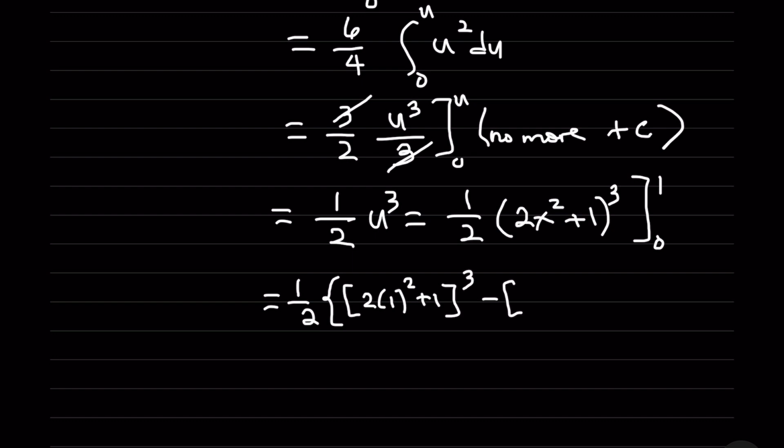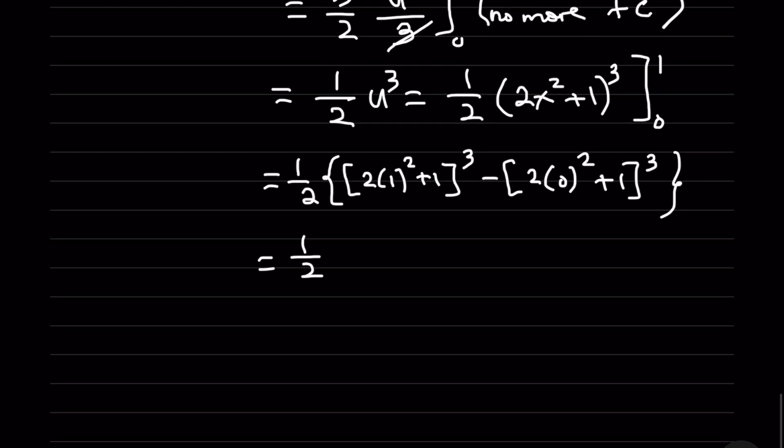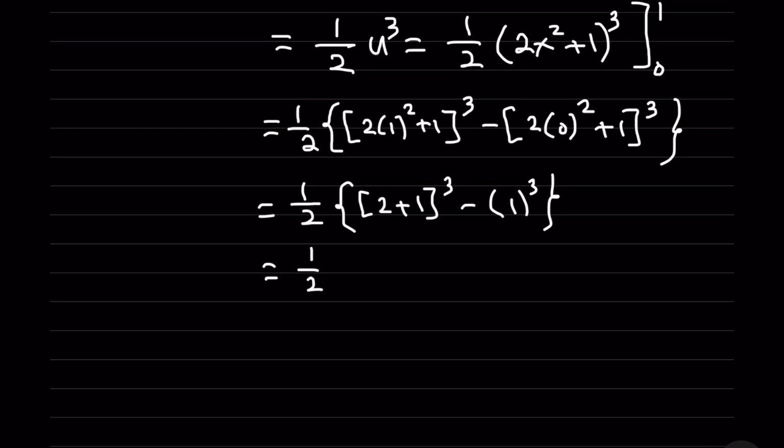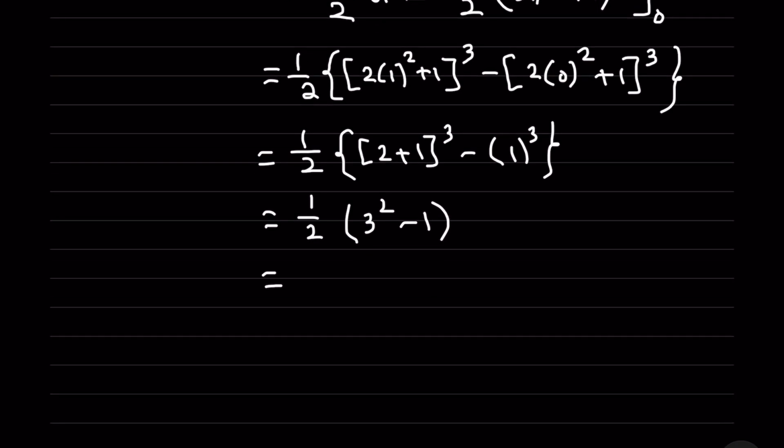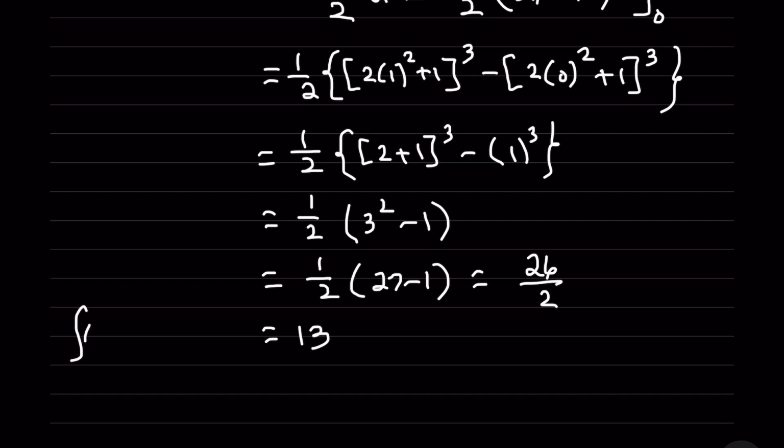We substitute the value of the upper limit, which is 1, minus the value of the lower limit, which is 0. So we have 1/2 times (2 plus 1) raised to the third power minus 1 raised to the third power. So we have 1/2 times 27 minus 1, or 26 over 2. That's the answer. So the final answer is 13.